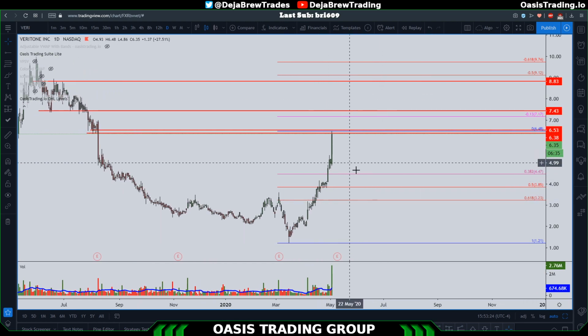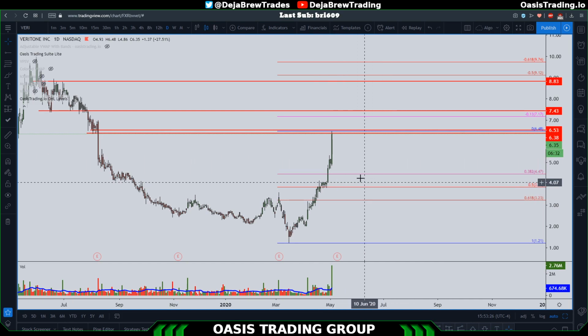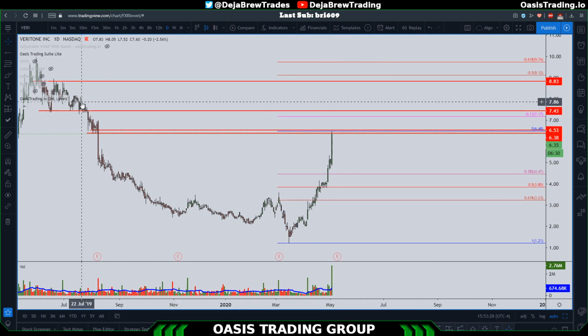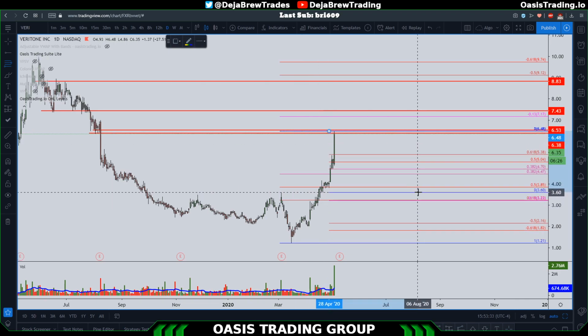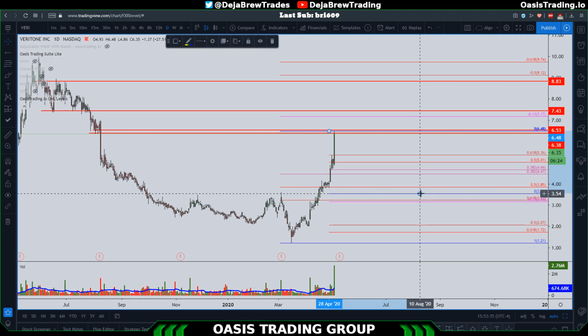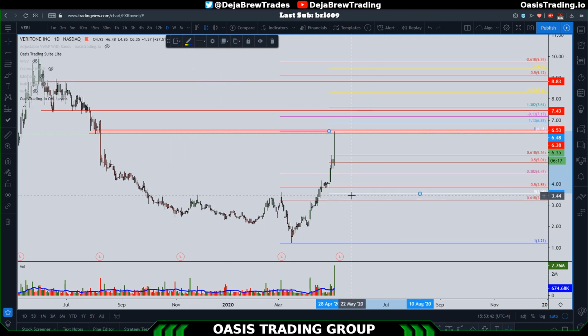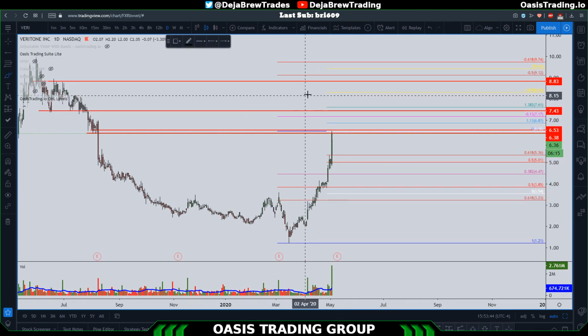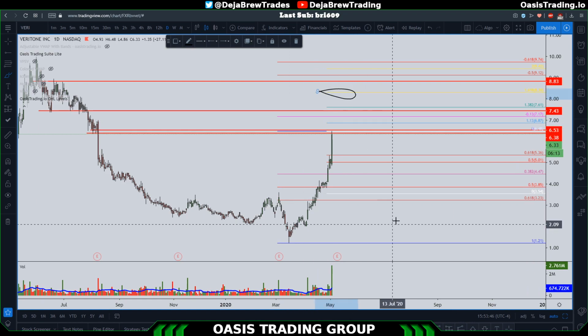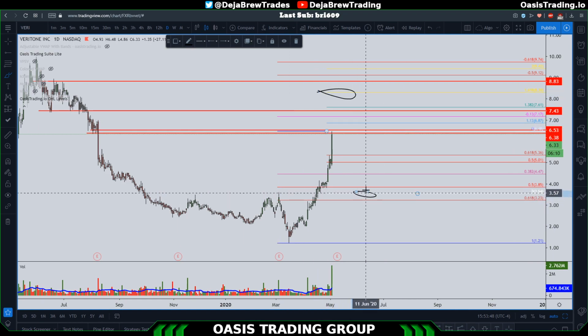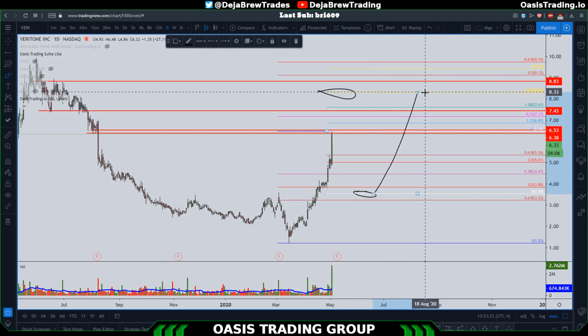If you fail downward to the 618, let's say here, and let me flip this. This would be your target. So if you bought the buy zone test, your target would be the 1618, which would be about 830 to 850.